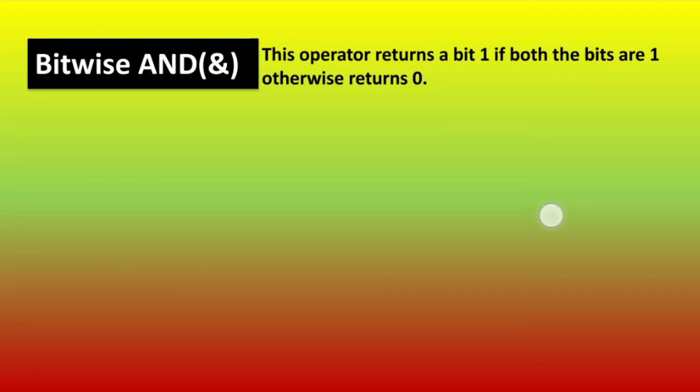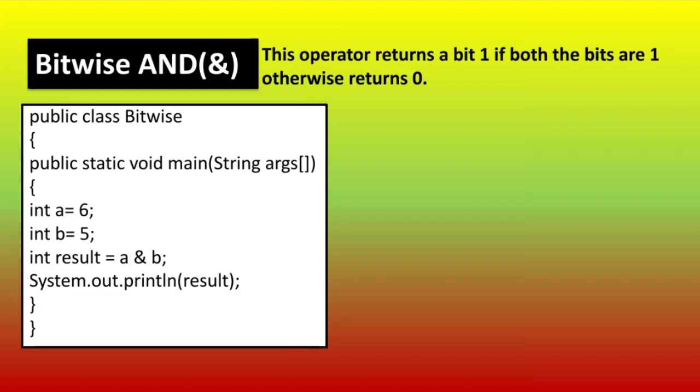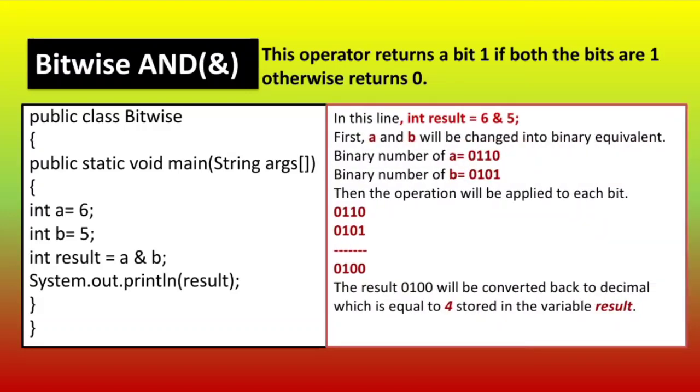You see the example. I have written a program here, with a equal to 6 and b equal to 5. The result equals a bitwise AND b, and then System.out.println(result). I will explain this on the right hand side. Here in int result, that is 6 and 5.